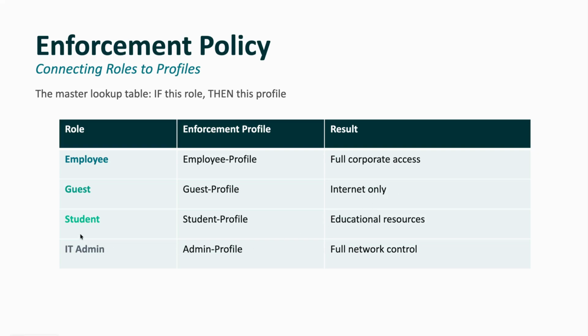Student is also the same: they will get the student role and the student profile, which has educational resources only. IT admin is also the same: they will get the admin profile, which gives them full network control. That's it. It's just a matching system.